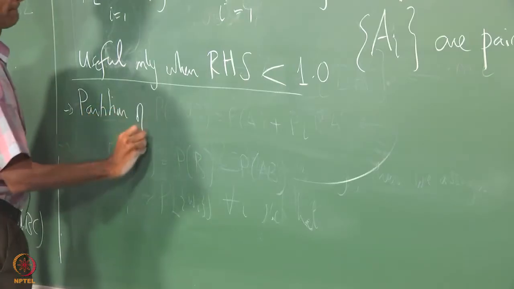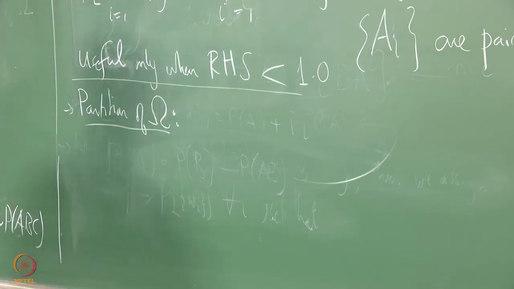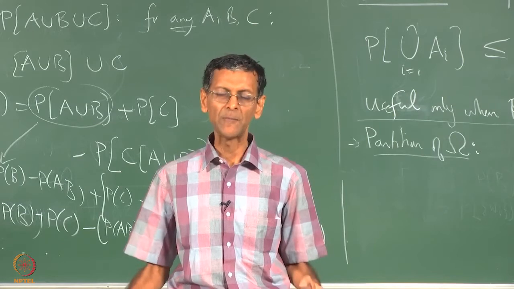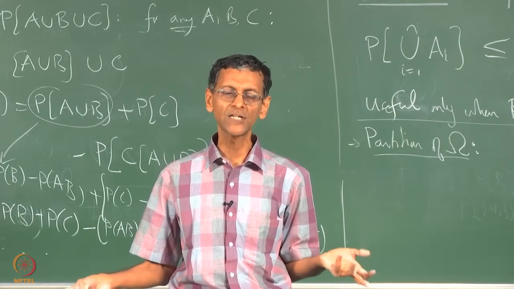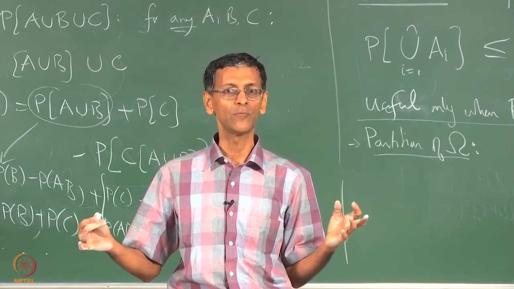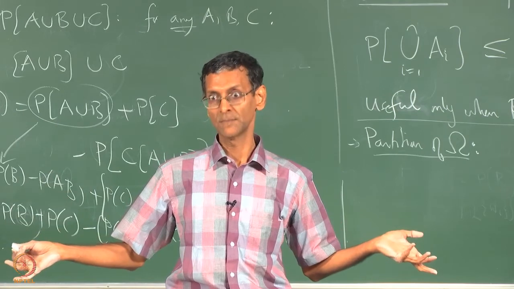What is the partition of omega? Clearly in the discrete case, the elementary events omega_i are a partition. A partition is where you have a collection of mutually exclusive events, the union of which make up what you are trying to partition.